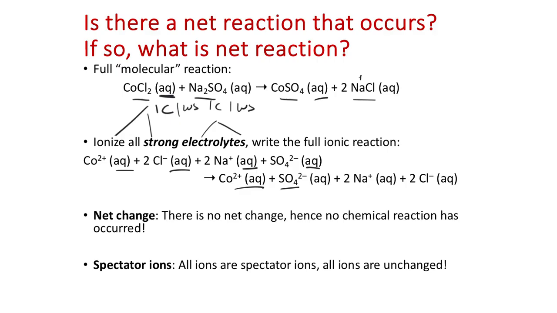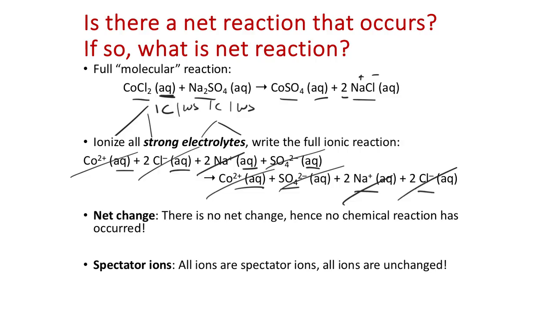Sodium chloride, of course, is a water soluble ionic compound as well, so it's ionized into Na+ and Cl-. And if we just take into account the stoichiometry, the balancing of the reaction, we see that we have 2 sodium ions on both sides, 2 chloride ions on both sides, a cobalt on both sides, and a sulfate on both sides. There's no net change. There's nothing that's actually changed within this mixture.